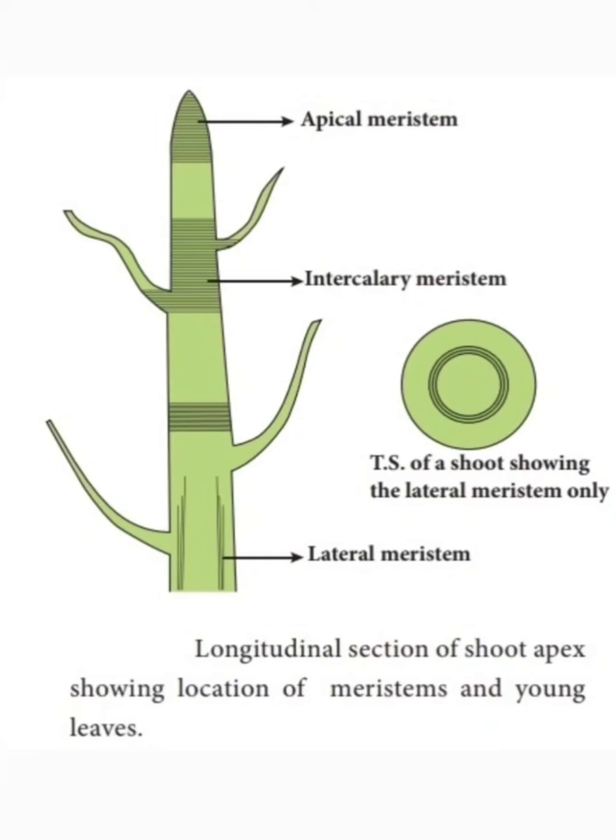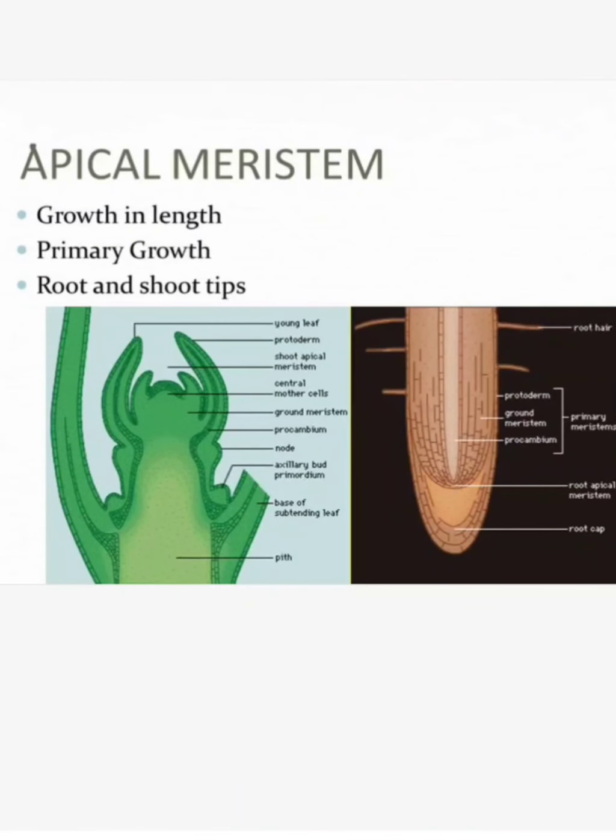And the meristematic tissue which is present in the lateral regions and is helpful in growing the flower stalks, leaves and branches is called intercalary meristematic tissue. So, we can conclude that different types of meristematic tissues are present both in the root tips as well as in the shoot tips.